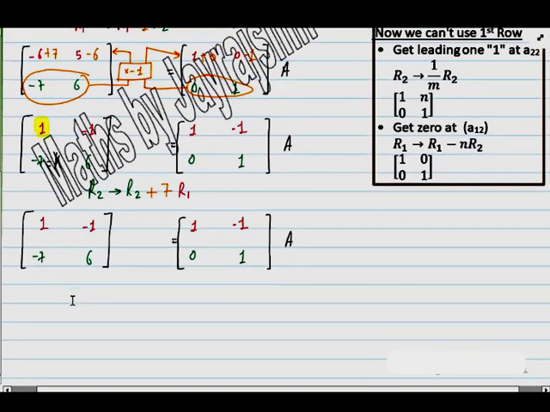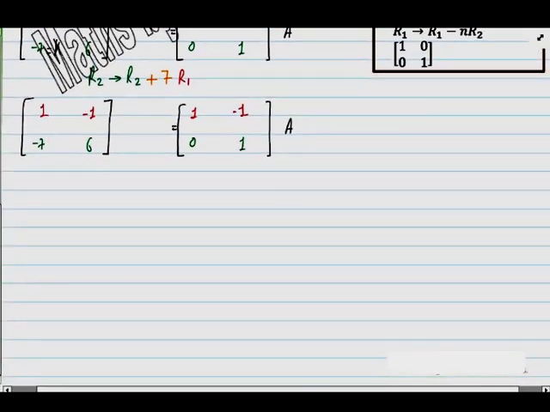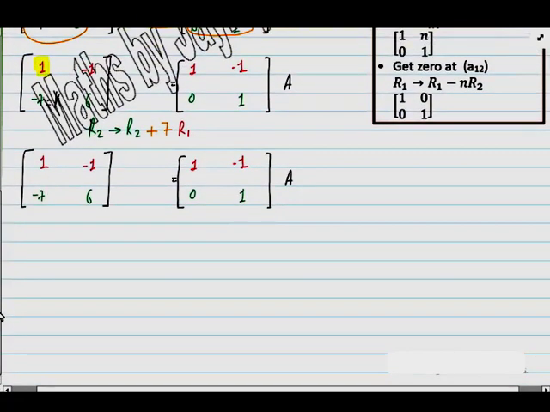And here it is. Now, let's operate R2 gives R2 plus 7 R1. That means we have to multiply 7 to the first row. So here we have to multiply 7 to the first row. Then we will add into the second row.